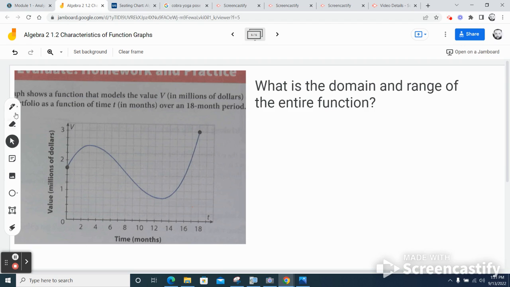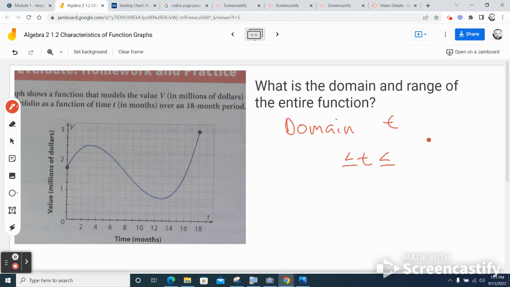So on this particular one, what we need to do for the domain, in this case, over the entire function, we want to know t. So we say that t is less than or equal to, less than or equal to.